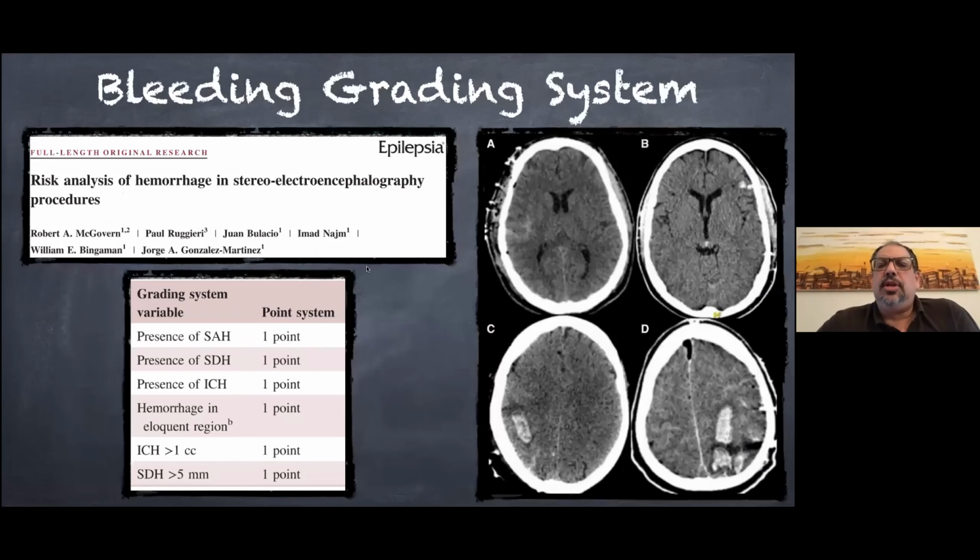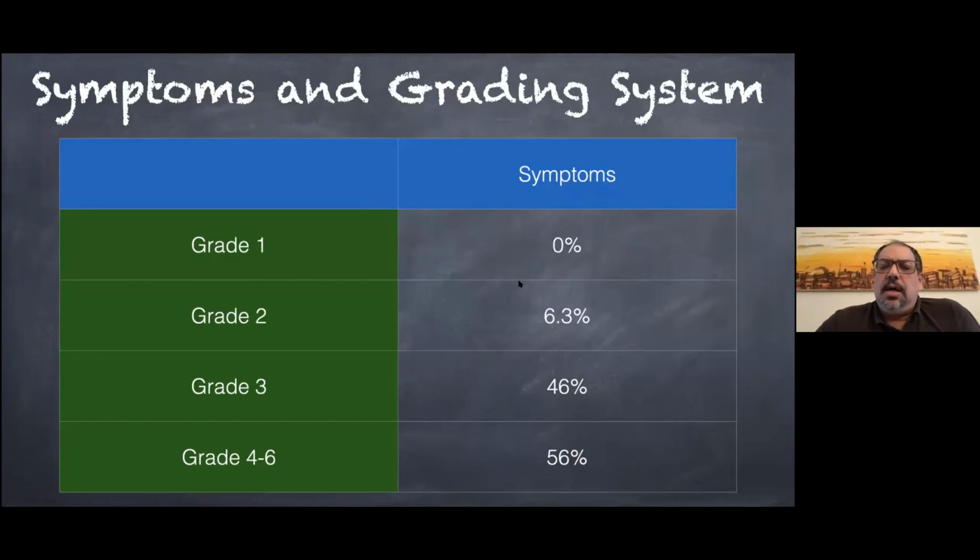This is absolutely in agreement with the paper published by the Cleveland Clinic group, where they proposed a grading system for classifications. Grade 1 are the smallest ones and without any symptoms, so they should not be considered in the classification.